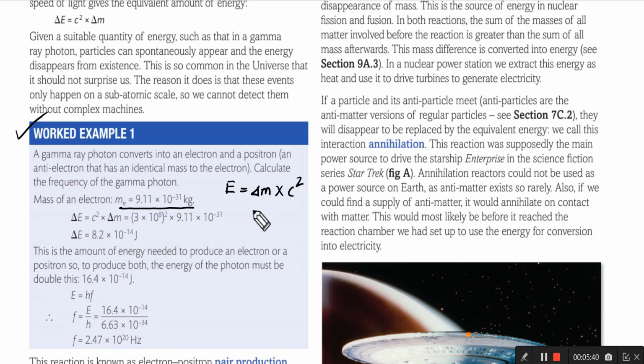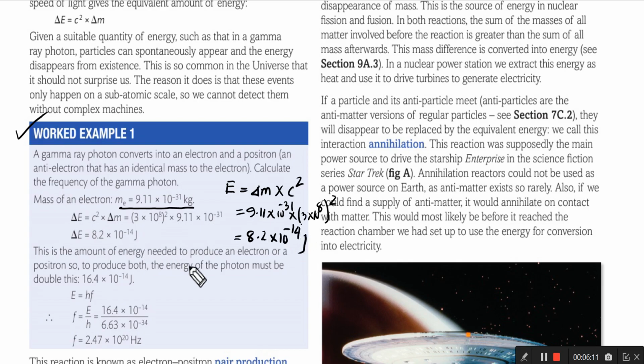So E equal to mc square, with mass 9.11 × 10^-31 kg and speed of light 3 × 10^8. Squaring, we get the energy 8.2 × 10^-14 joule.